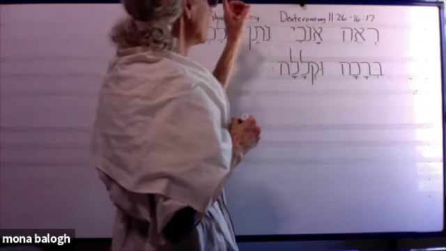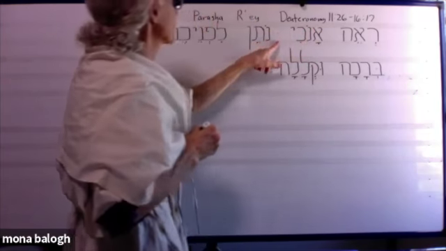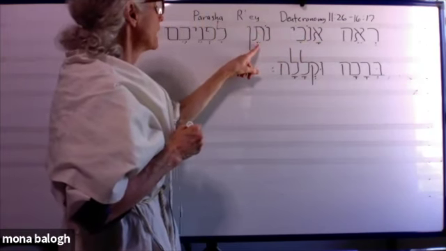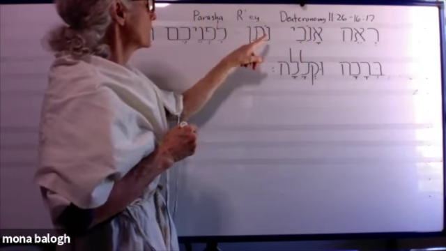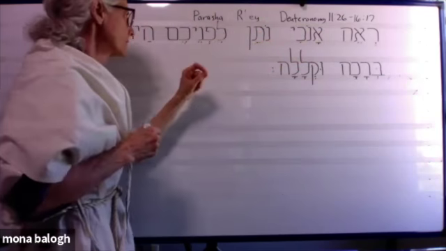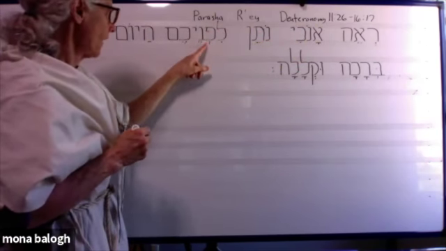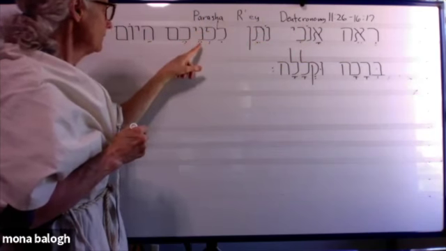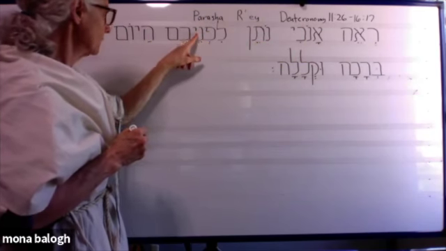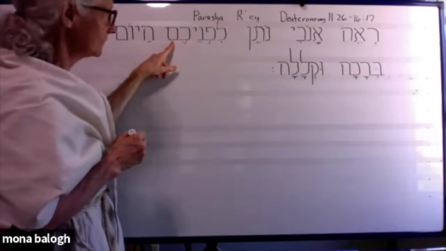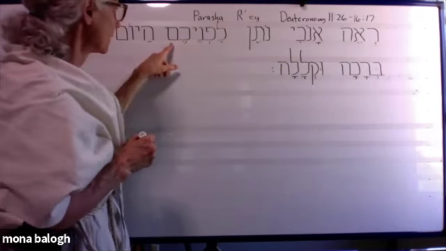Okay, and also remember one vowel, one syllable. Nun, Cholam, Tav, Tzerei, Nun Sofit. Noten. Lamed, Hirek, Fe, Shva, Nun, Tzerei, Yud, Chaf, Segol, Mem Sofit. You notice these Sofits, they come at the end of the word.